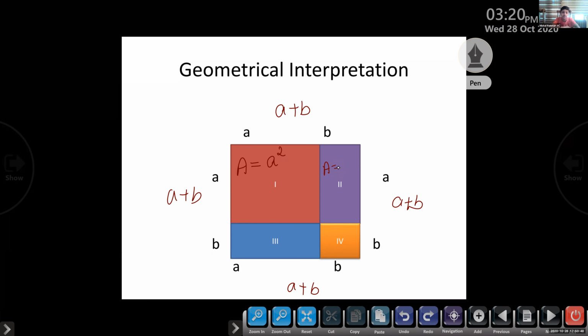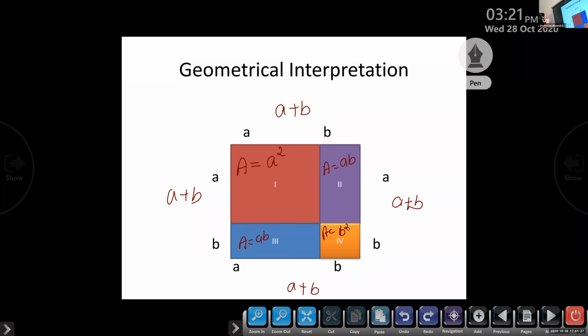It is a rectangle, length into breadth, so a into b, ab. The blue one also has area ab. And the yellow one is b square. So the first figure has area a square, the second and third have area ab, and the fourth has area b square.